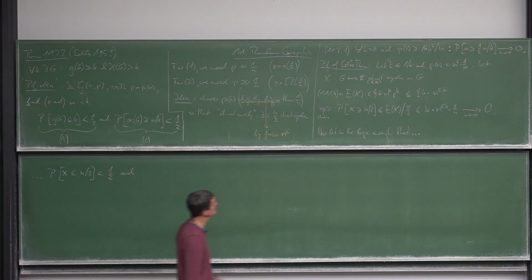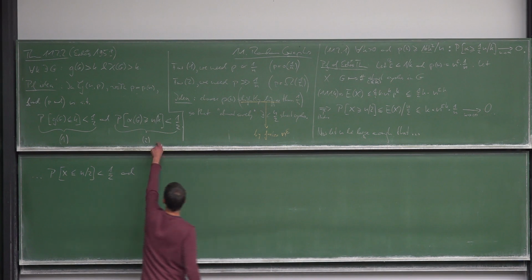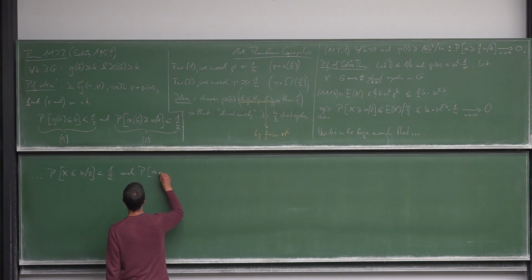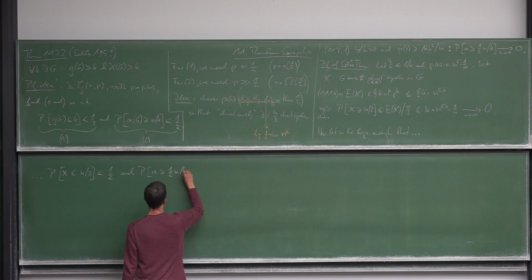And likewise, the probability of alpha to be at least half n to the k is also small.